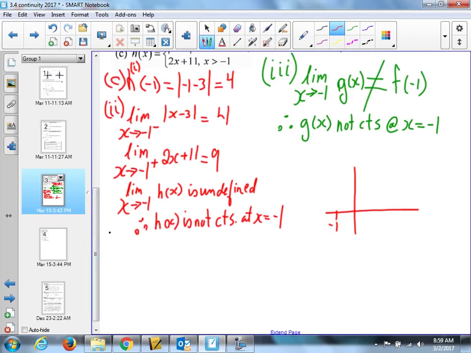It'll go up to 4. And at 9, it would start there, but it wouldn't actually include it, right? I'll make that look more like a hole. So this is a jump discontinuity, where the limit doesn't exist. From the left, it approaches a different value than from the right, so we don't even have to test the third thing. The limit doesn't exist. So look out for that if you're given pictures.